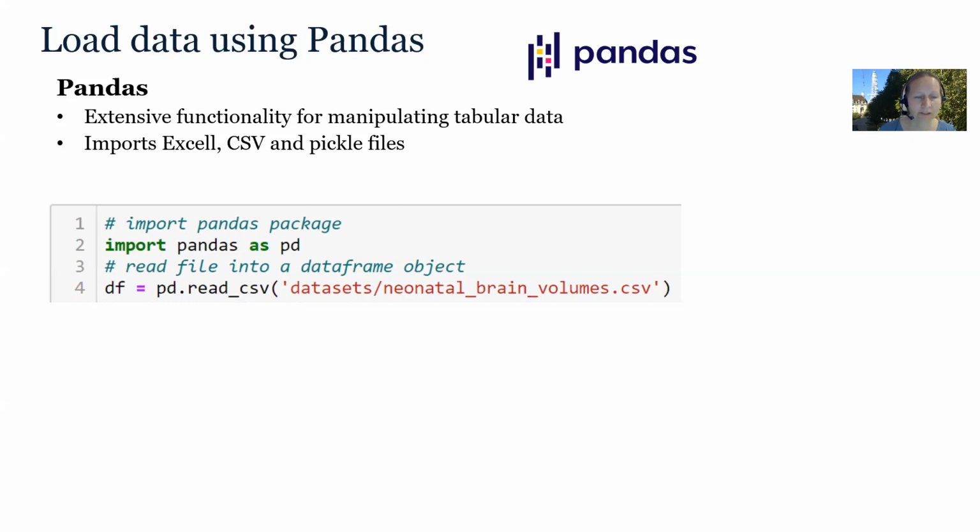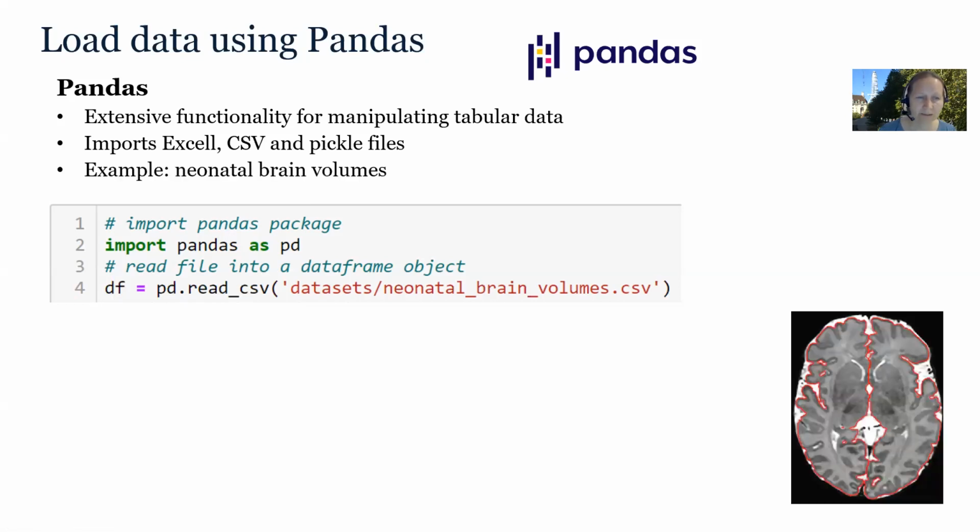Here you can see an example of importing CSV files. So we use the function read_csv that will return a data frame object that is native to pandas. And the example that we are using is the prediction of neonatal brain volumes that we introduced in the first part of the lecture.